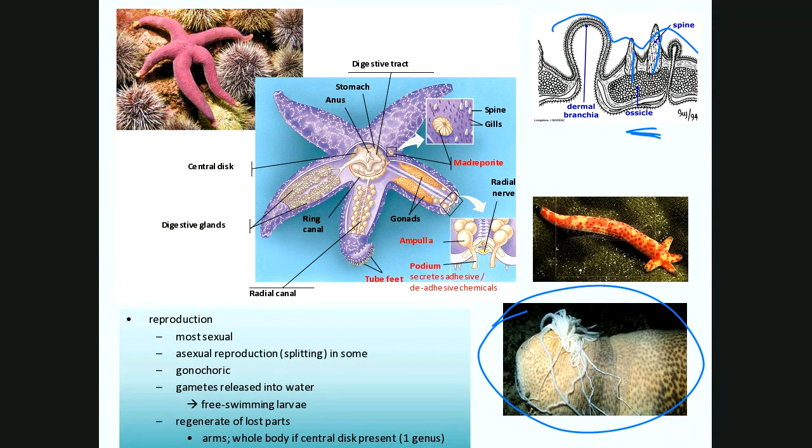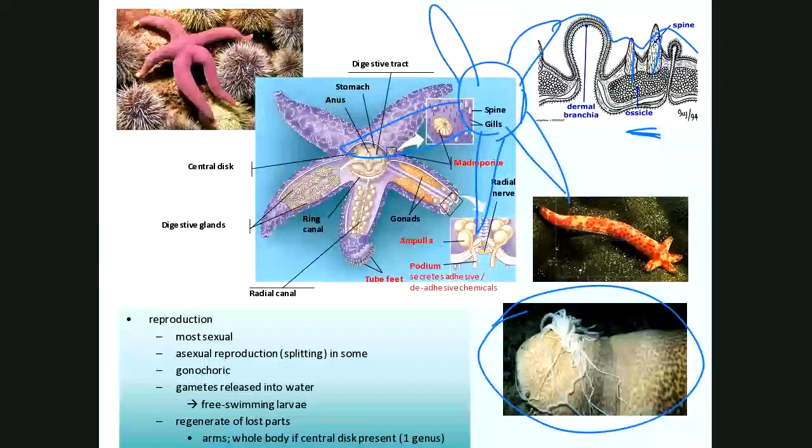There is even one species that if you have the arm and at least part of the central disc, that can grow a whole other sea star. It'll fill in the whole rest of the central disc and the other 4 arms. That's just in one species. Other species grow an arm, but this one can grow a whole other sea star. It's kind of cool.